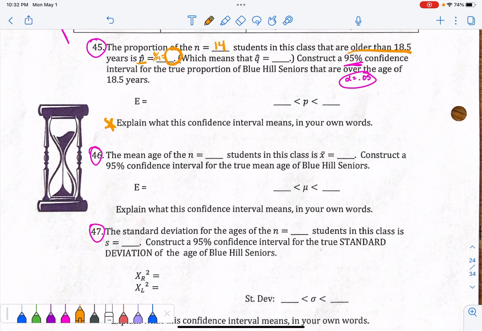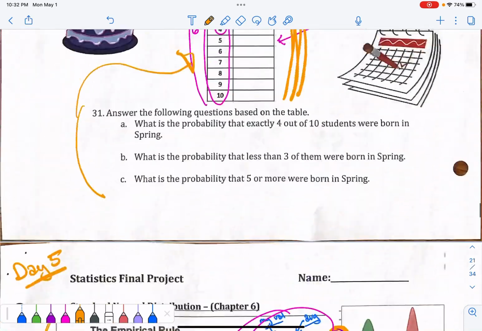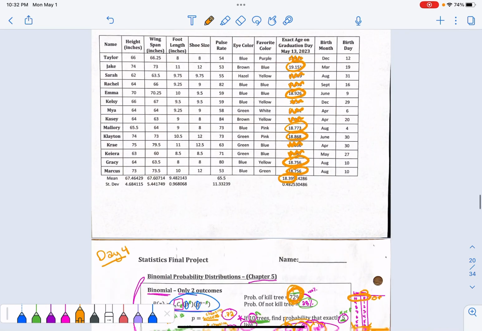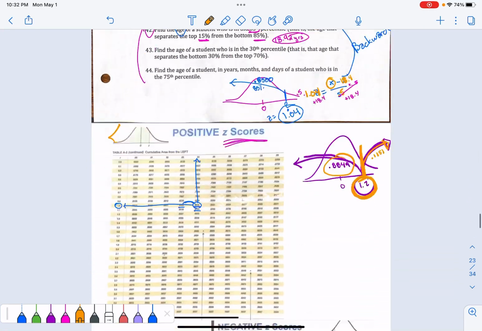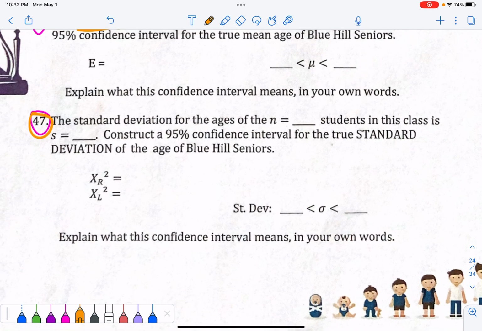All right. 46, you are looking at the mean age of students. Okay, so you're going back to that same column, but you're going to use the average age, which is 18.4 for an average age. Okay, and then you're going to make a confidence interval out of that one. Last one for standard deviation is going to be the standard deviation for the age, okay?